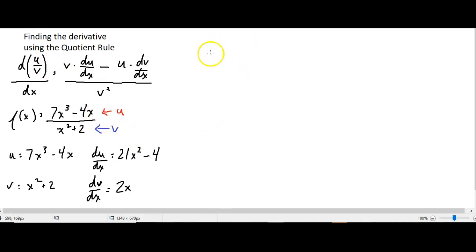So since the function is called f of x, we will call the derivative f prime of x, and it will be v multiplied by du dx. Well, v is x squared plus 2, and du dx is 21x squared minus 4. And now we need to subtract, and be very careful with this one, it is a subtract.